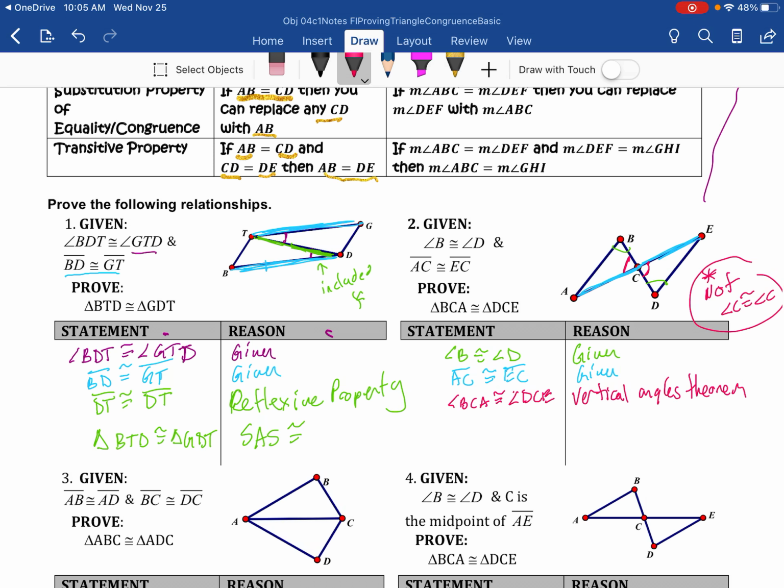So I know that that's true. Now I have two angles and a side, and I know that that's a way to prove congruence. So I know triangle BCA must be congruent to triangle DCE. And then I make sure I look, and this is the non-included side. So this is going to be angle, angle, side congruence. And you can write postulate or theorem if you want.